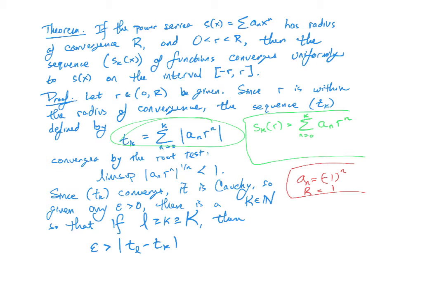Okay, but we can write out what that difference is. One of them is the partial sum up to the kth term. The other one is the partial sum up to the lth term.